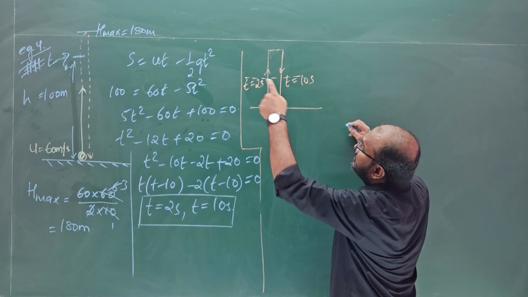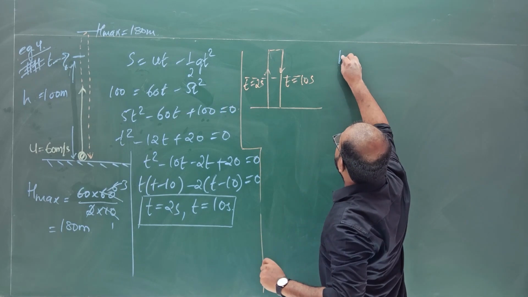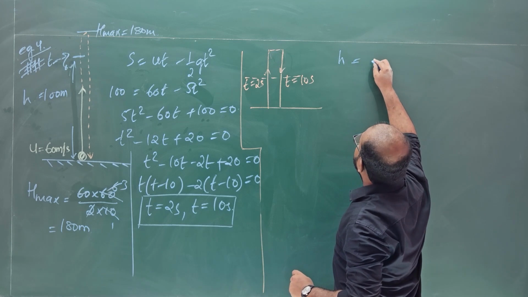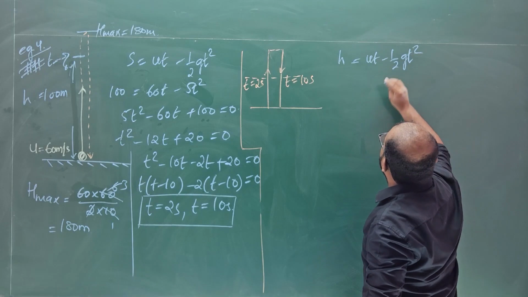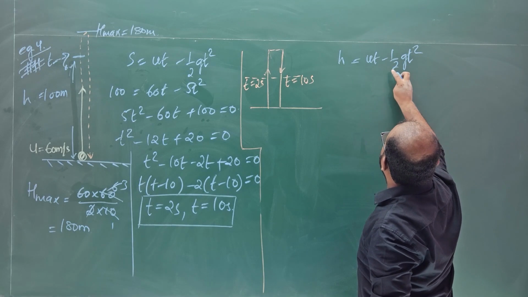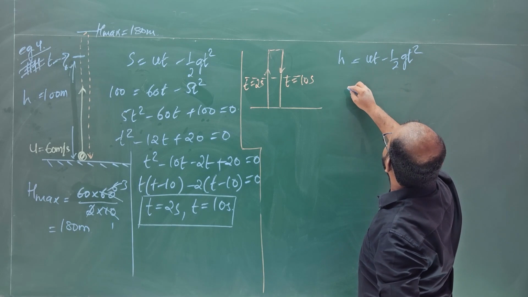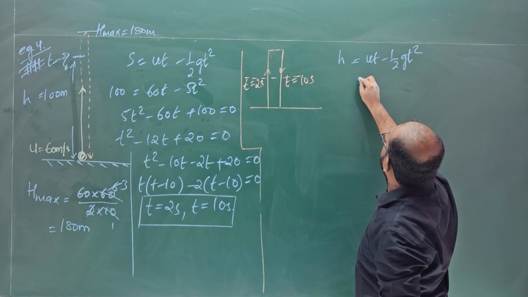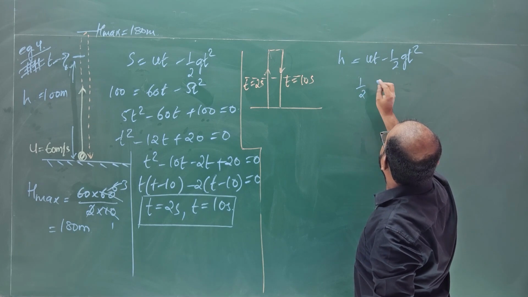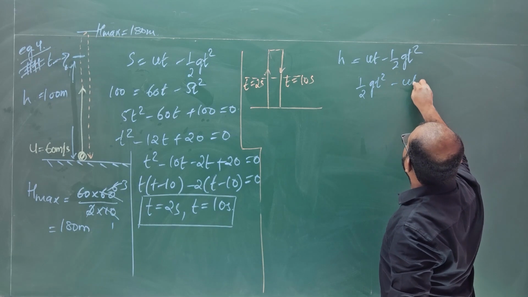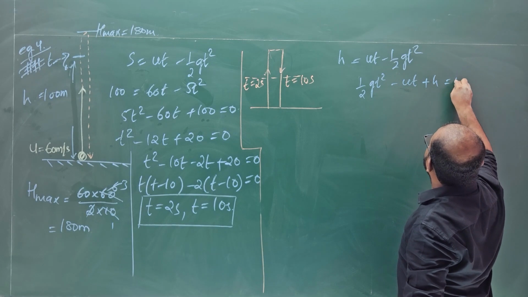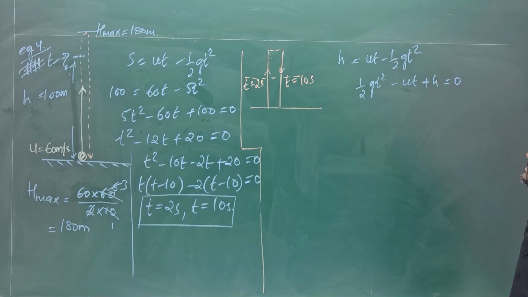Generalizing this equation, in terms of S, I am writing H. H is equal to ut minus half gt square, or this can be written as half gt square minus ut plus h, which is equal to 0. Can I write like this?